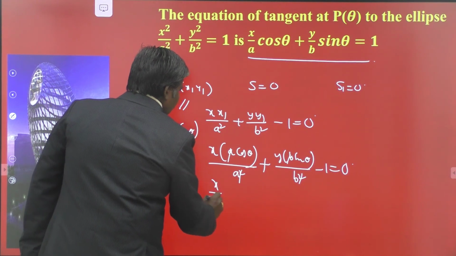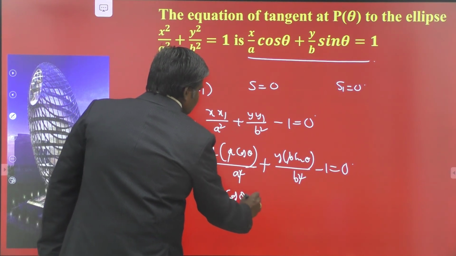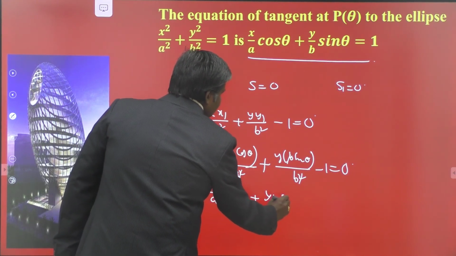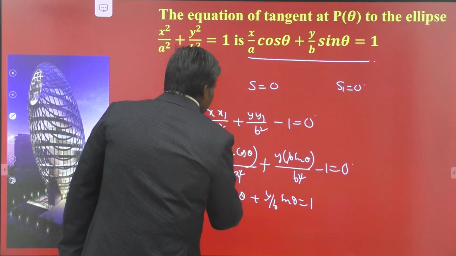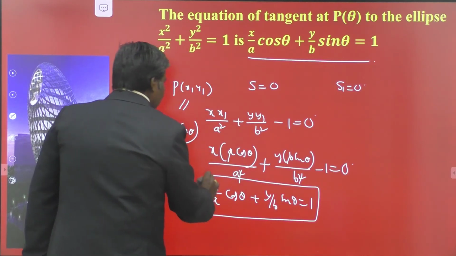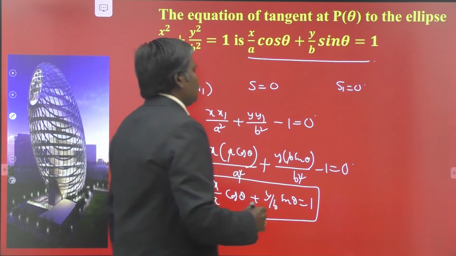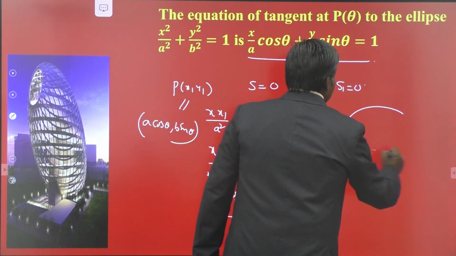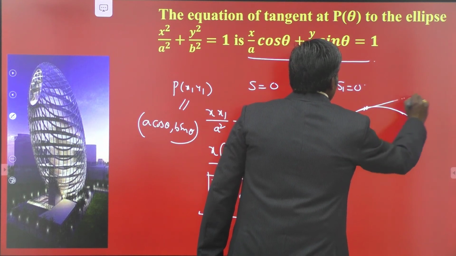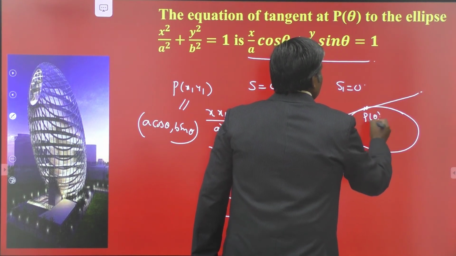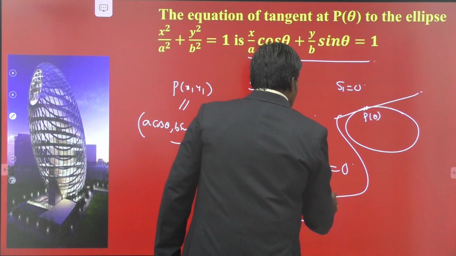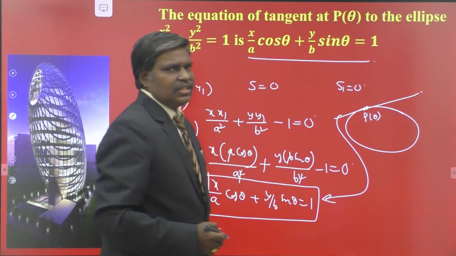Therefore, the required equation is x by a cos theta plus y by b sin theta is equal to 1. This is also very, very important for you. The equation of tangent at P of theta to the ellipse is x by a cos theta plus y by b sin theta is equal to 1.